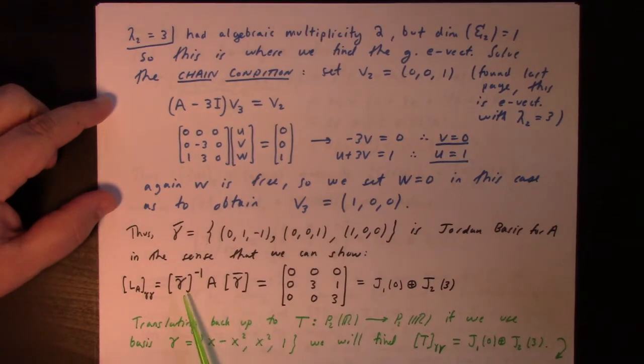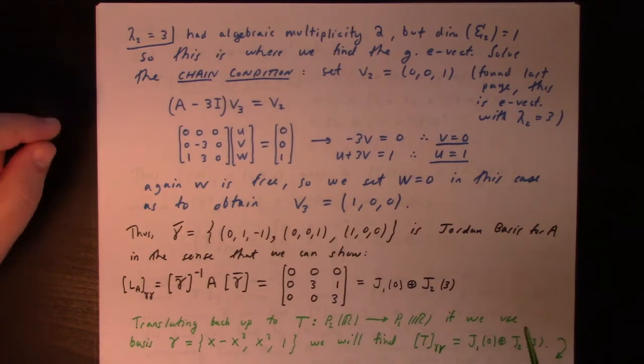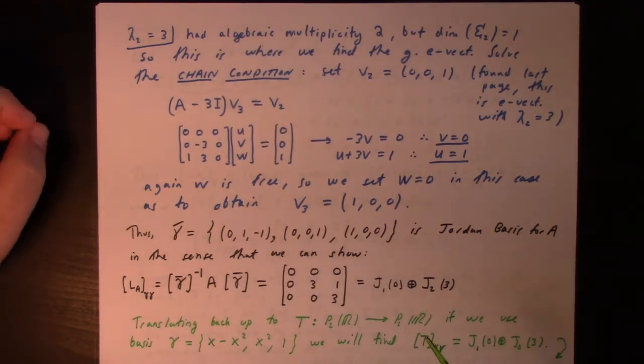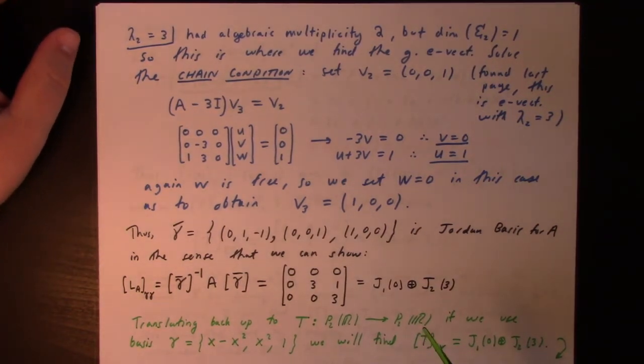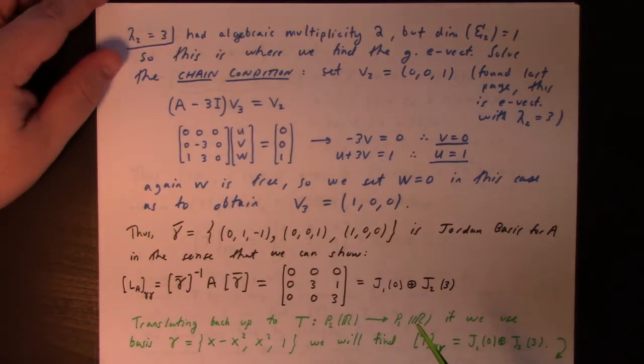In other words, this will similarity transform A to a Jordan form, which means that this gamma bar is a Jordan basis for A.